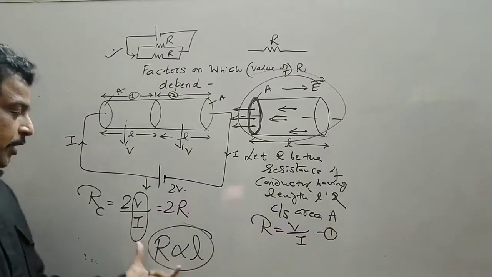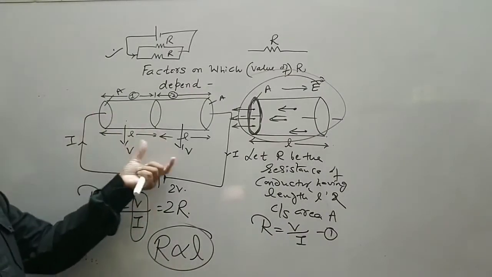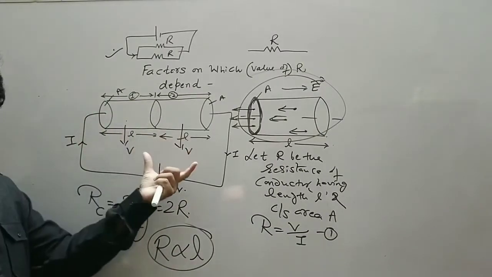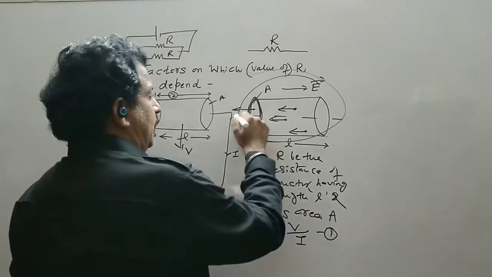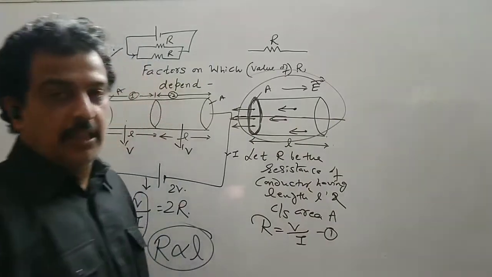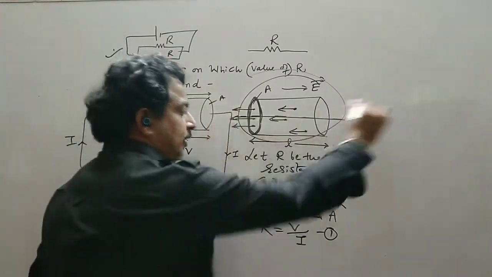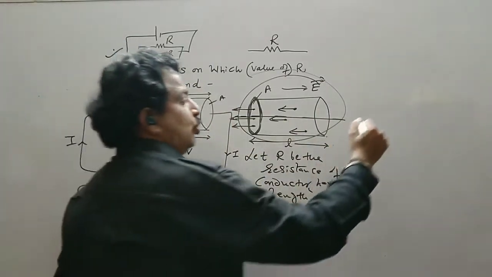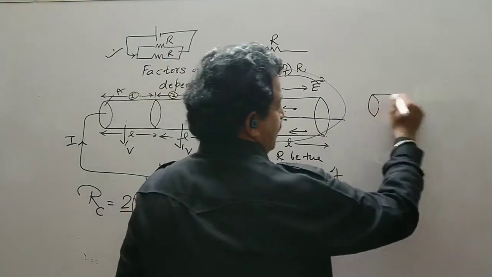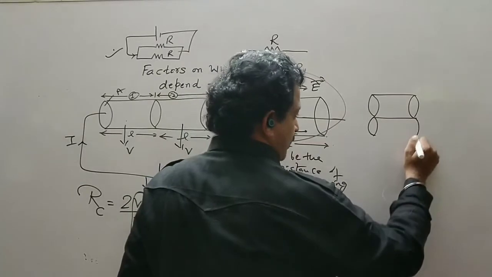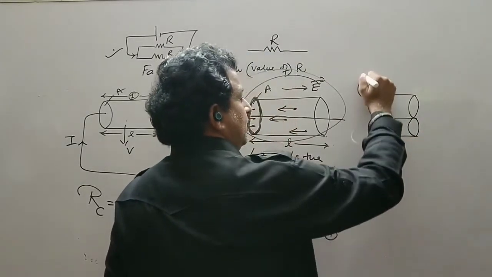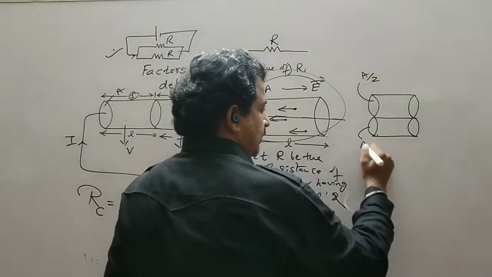From this it was clear that when I change the length to 2L, the resistance is doubled. So now let us assume this cross section is cut along its axis. So the situation is like this. Same cross sections, but this is A by 2, this is A by 2.